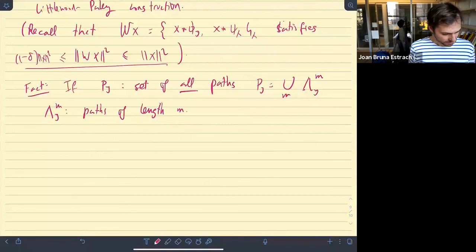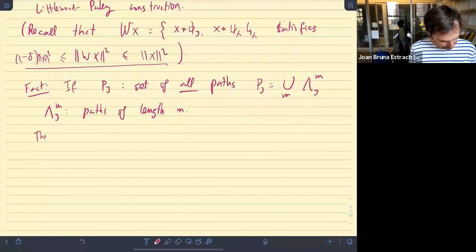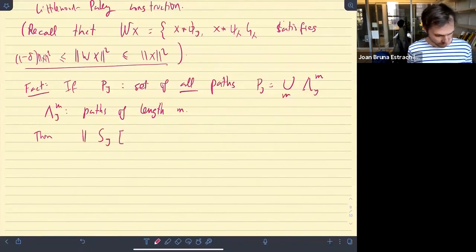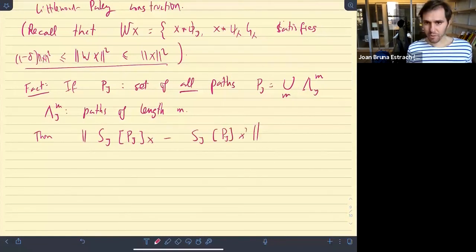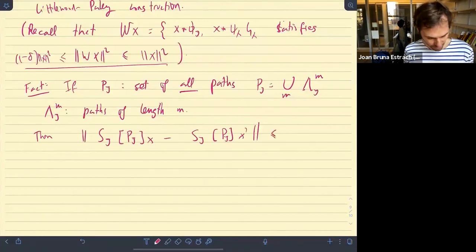Then the norm of SJ of PJ x minus SJ of PJ x prime is in fact a metric that is weaker than the original metric.